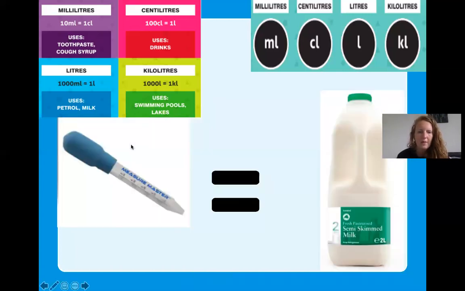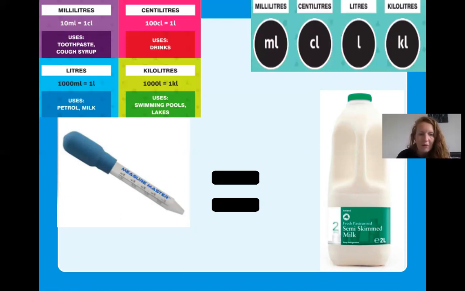So this is an example of a 5 milliliter dropper, and here you can have 2 liters. So we said that this is 5 milliliters, and it would take 1,000 milliliters actually to make even just half of this milk.